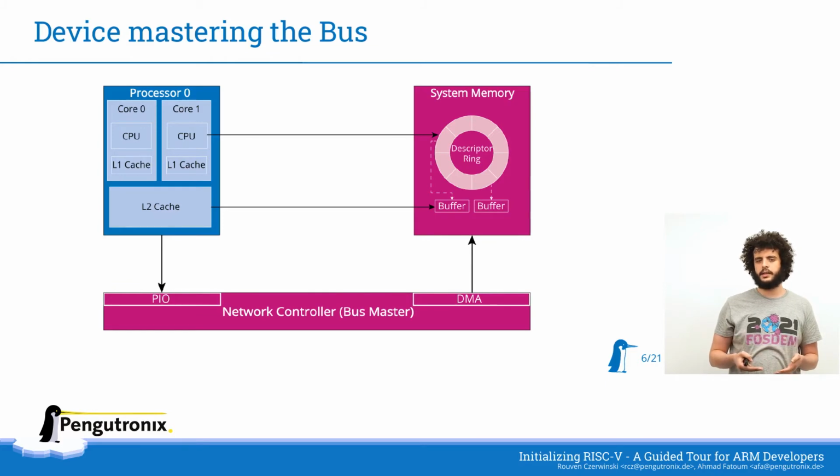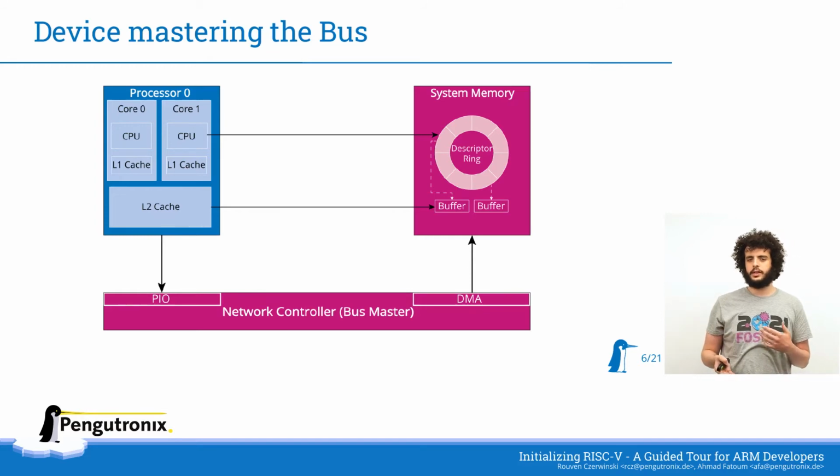So when it receives a packet, it will directly access system memory and copy its received packet into that buffer. And then the processor will get, for example, an interrupt. It will look through the descriptor ring. It will see, okay, this descriptor is newly arrived. I will take the buffer.